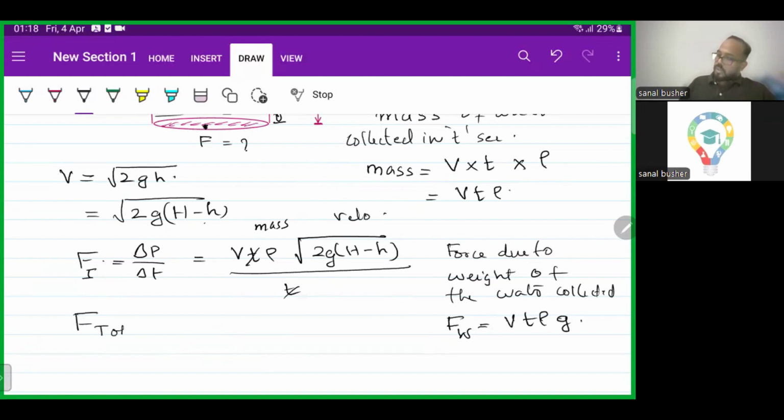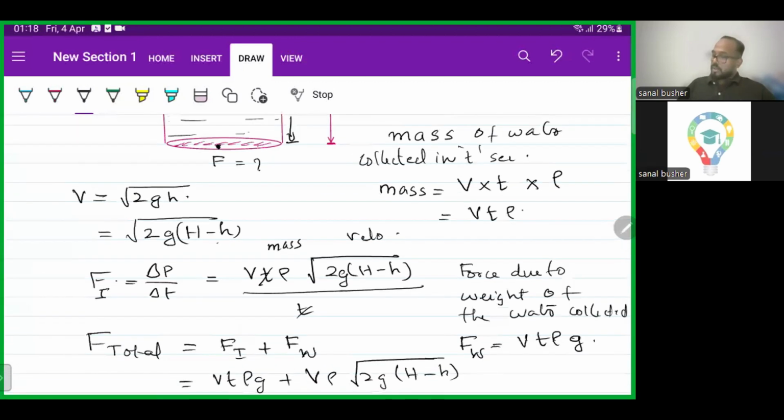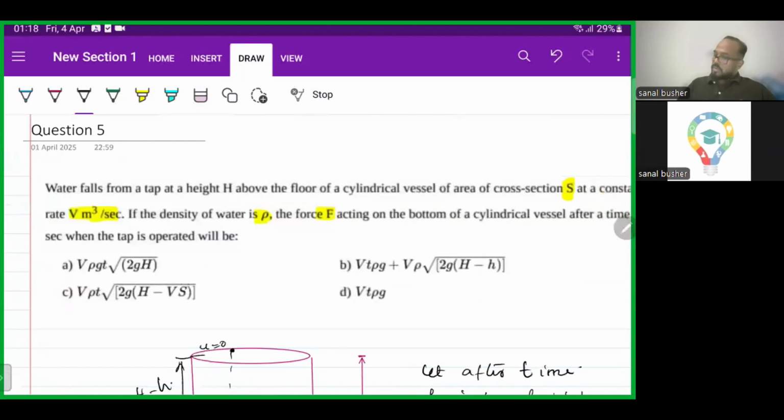F total at the bottom will be F due to impulse plus the force due to its weight. So it will be V t rho g plus V rho root of 2g(H minus h). You can check the options. Only one option has the plus of the two forces, and this is your correct answer.